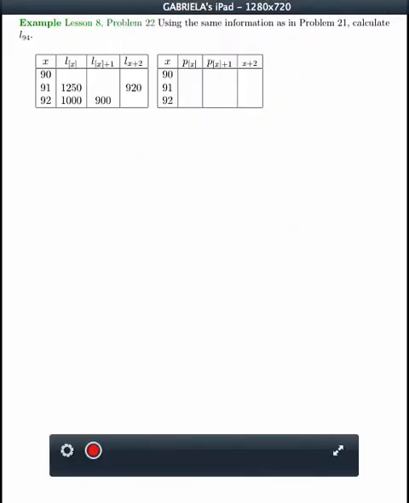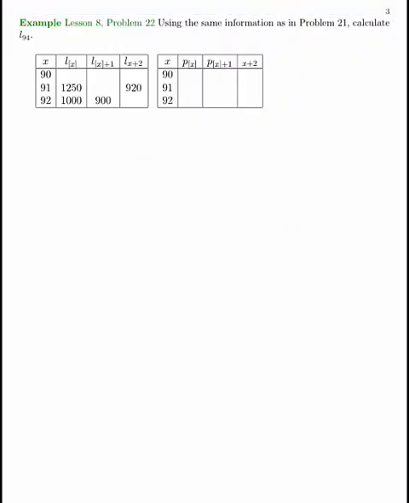The next problem I'll discuss is problem 22, which is a sequel to the problem we just did. So you're given the same information as before, and what we're asked for is L94, so the entry right here. So I can actually get that in two ways, right?